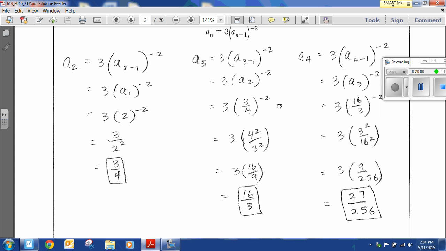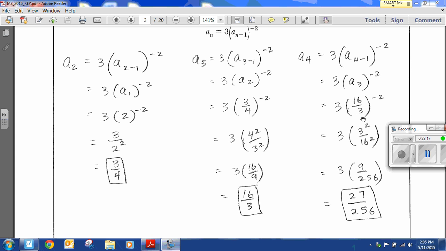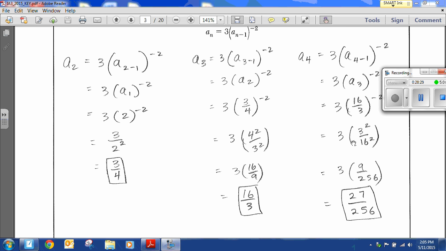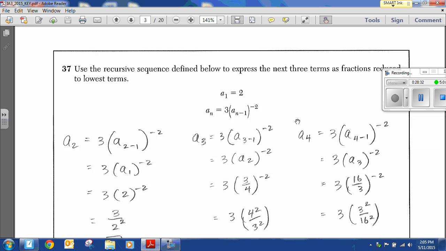Finally, we're going to use 16/3 to calculate A sub 4, because A sub 4 uses A sub 3. And A sub 3 is 16/3. Therefore, 16/3 to the negative second power is 3 squared over 16 squared. 3 times 9 over 256 is 27 over 256. And those are the next three terms of this recursive sequence.